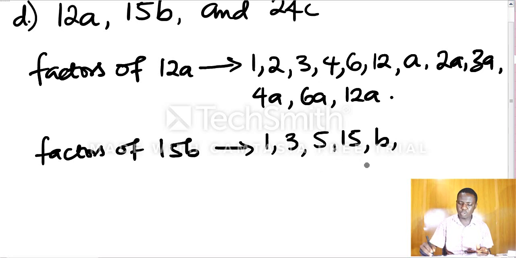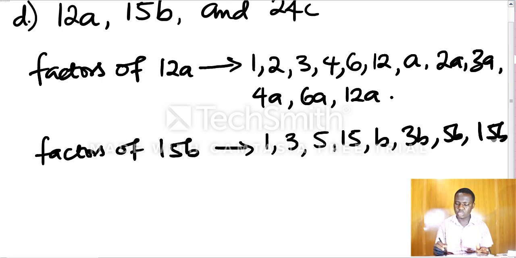Then, in terms of number and letters, we have 3b, 5b, and 15b. Someone may ask, why is it that I'm not multiplying the first number 1 with the letter? It is because 1 times b would also still give you b, so there's no point writing it twice.